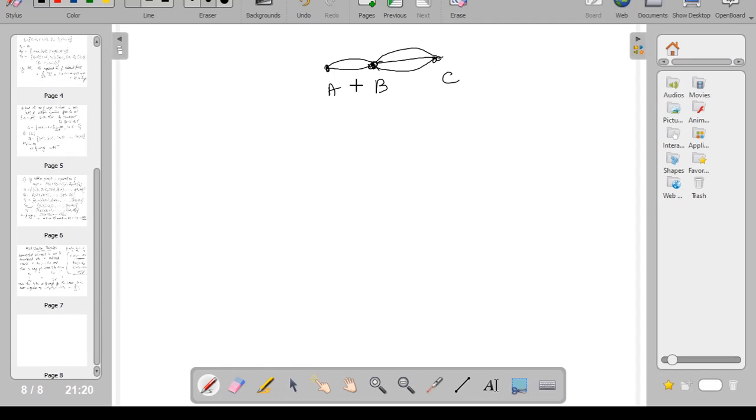So to reach from A to C, first you must reach B and then you must go to C. So the total number of ways in which he can travel will be 6 ways. So that will be 2 into 3.